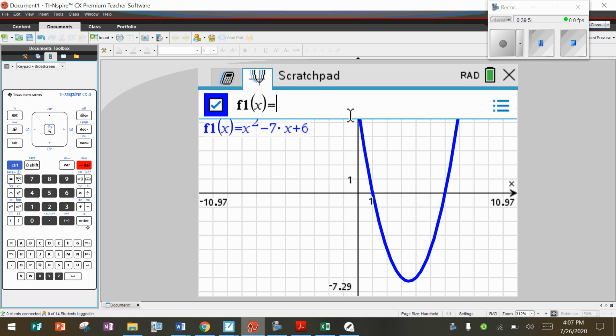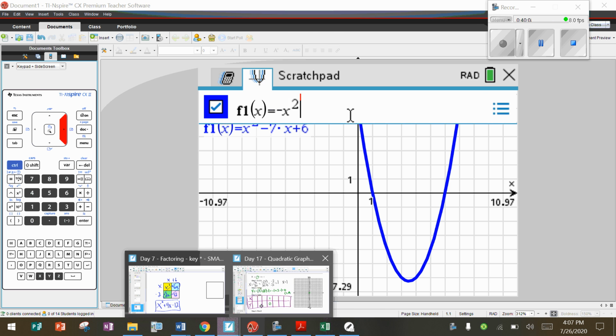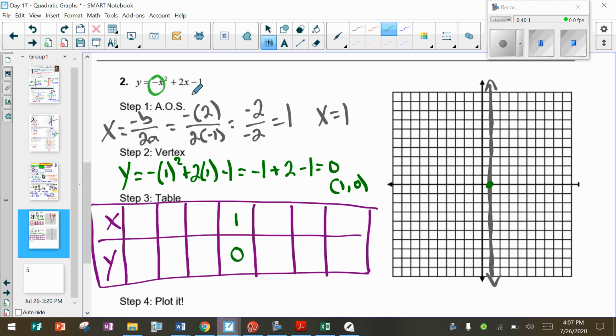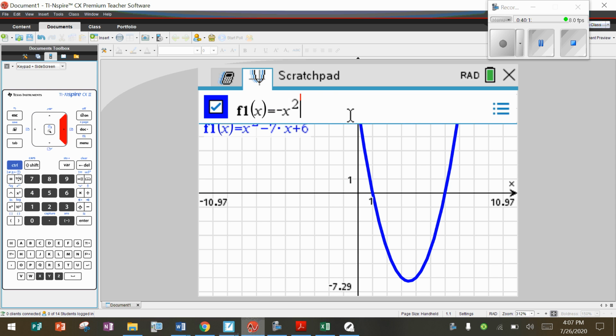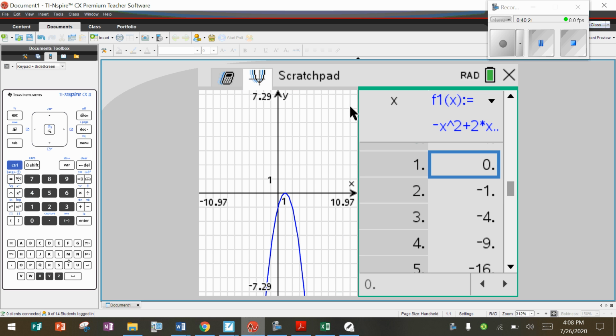And we have negative x squared plus 2x minus 1. And as I suggested, it was going to be upside down. Control T to get to our table of values, and we'll plot the points that fit on our graph.